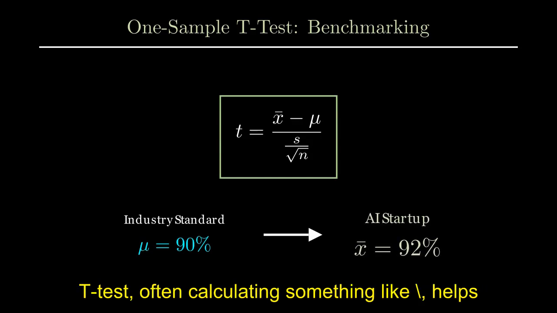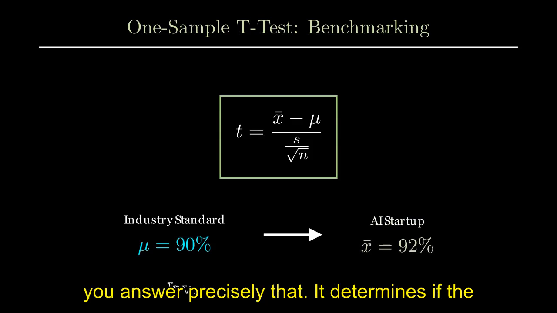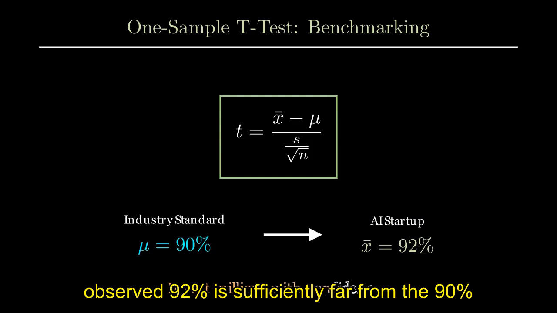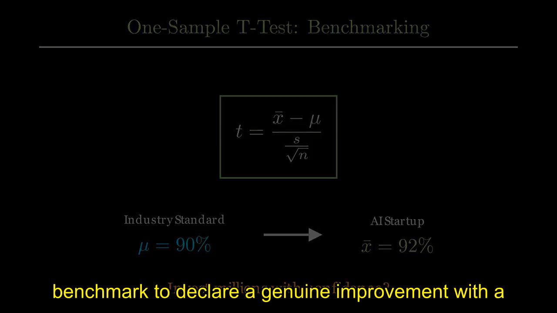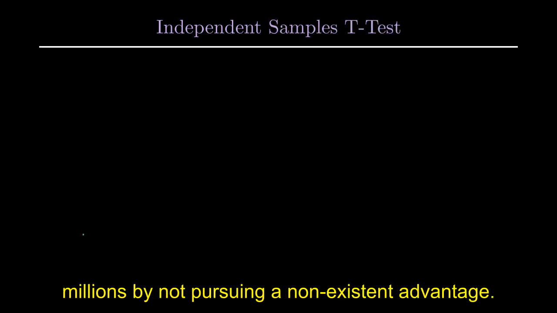The one-sample t-test helps you answer precisely that. It determines if the observed 92% is sufficiently far from the 90% benchmark to declare a genuine improvement with a high degree of confidence, enabling you to invest millions without hesitation, or conversely, save millions by not pursuing a non-existent advantage.